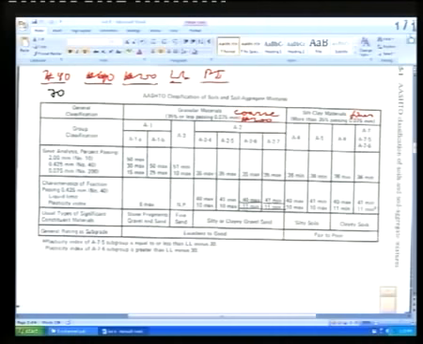Number 40: 45. Number 200: 18. Liquid limit: 5. PI: I don't know.